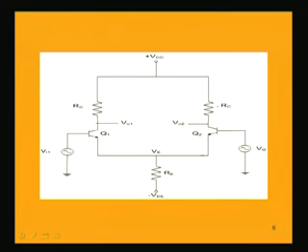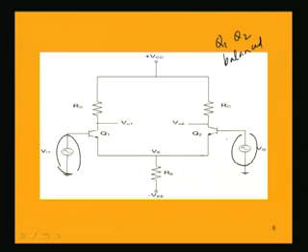Now, if Q1 and Q2 are exactly balanced or matched, that means their collector currents are the same, base currents are the same, then there will not be any voltage appearing at the output under DC condition. That means the voltage across this RC and this RC, V01 and V02, are the same, without any signal, since we are not applying any signal, just having them grounded. Then V01 and V02 should be the same and the output voltage should be 0.